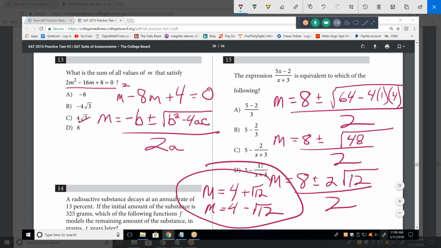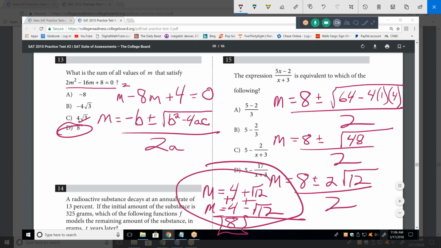Just add them together. Add the 4s: two 4s add to 8. Plus root 12 and minus root 12 cancel one another out. So the answer is 8.